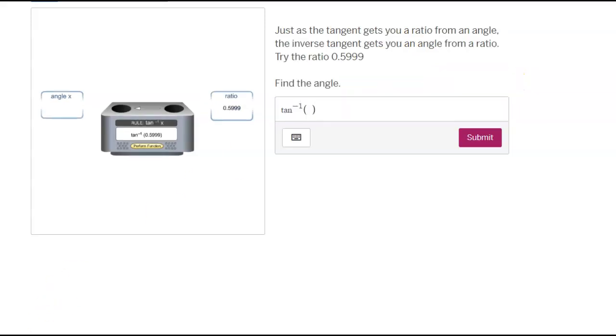The same is true with the inverse. So now if we know the ratio, 0.5999, we can type in tan to the power of -1 and input that ratio, 0.5999, and it gives us the angle measurement.